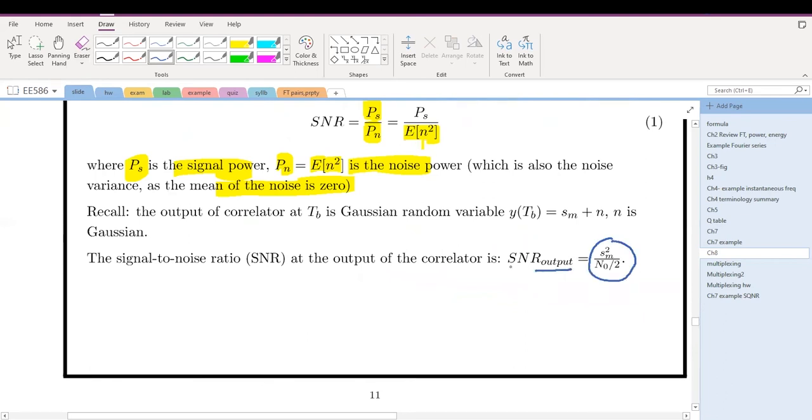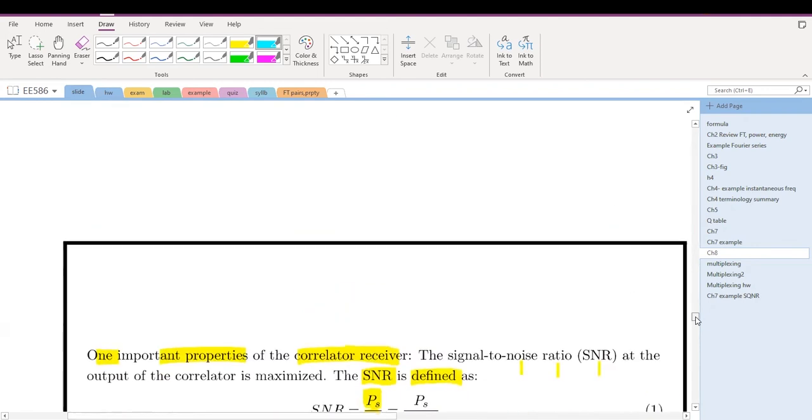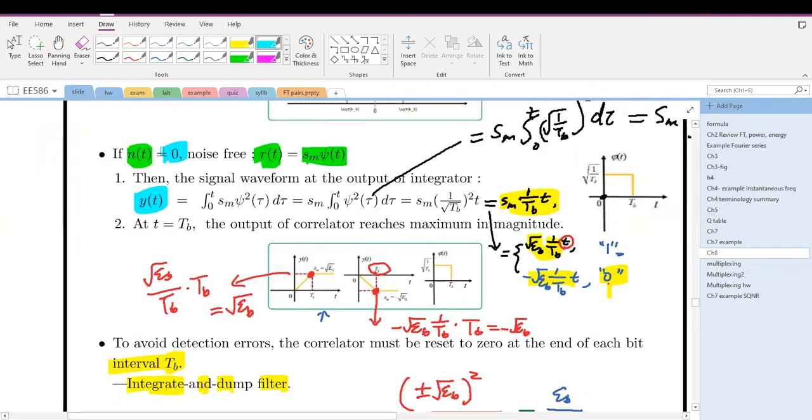The signal-to-noise ratio at the output of the correlator equals Sm squared, where Sm equals plus or minus square root Eb, and this equals Eb divided by N0 over 2. Here I summarize that at the output of the correlator, the output equals Sm plus n. n is the noise, which is Gaussian. And this term is the signal term without noise.